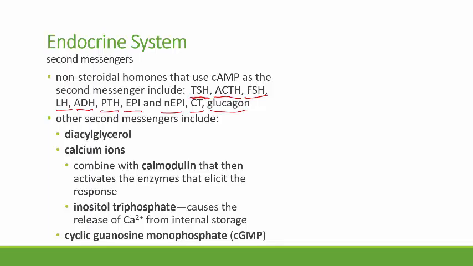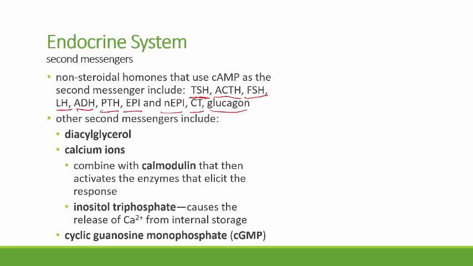Diacylglycerol is a second messenger. Calcium ions can be a second messenger. They combine with calmodulin inside the cell rather than activating protein kinases. But when calmodulin gets activated with calcium ions, we can see a response. And frequently, inositol triphosphate is the chemical that causes the release of calcium ions from their internal storage locations.